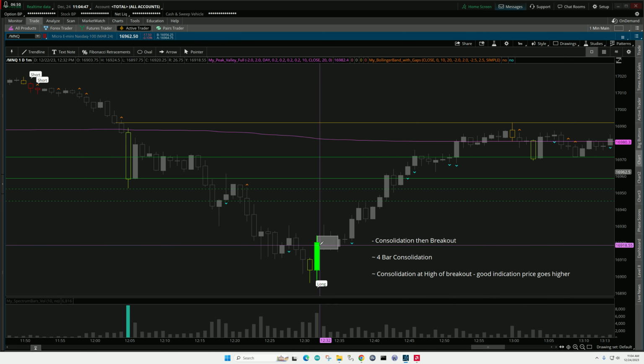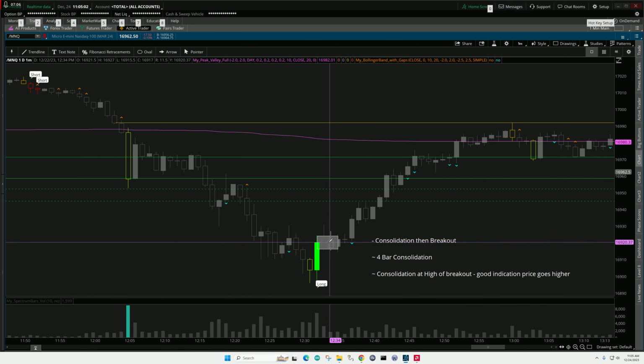This price is consolidating at the top of this candle here. So price is leaving the pivot low and consolidating at the top of essentially a breakout candle from the pivot low. And it's consolidating in the upper, let's just say 20% of this particular candle.